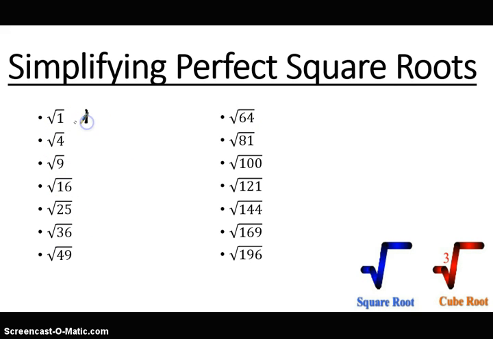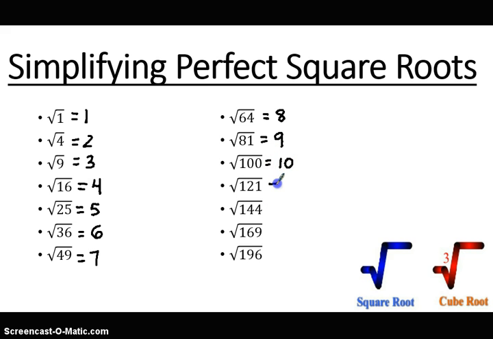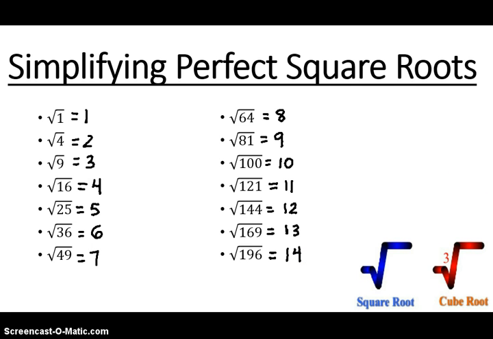The square root of 1 is 1, the square root of 4 is 2, the square root of 9 is 3, the square root of 16 is 4, the square root of 25 is 5, the square root of 36 is 6, the square root of 49 is 7, the square root of 64 is 8, the square root of 81 is 9, the square root of 100 is 10, the square root of 121 is 11, the square root of 144 is 12, the square root of 169 is 13, and the square root of 196 is 14. Now these are the first 14 perfect square roots.